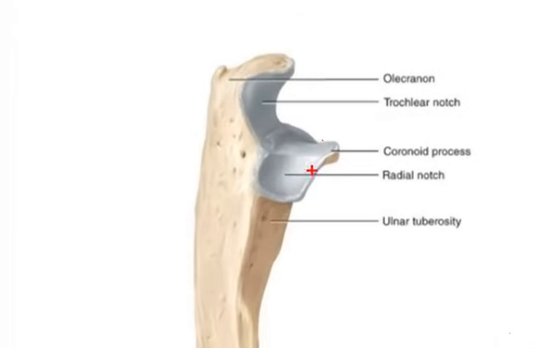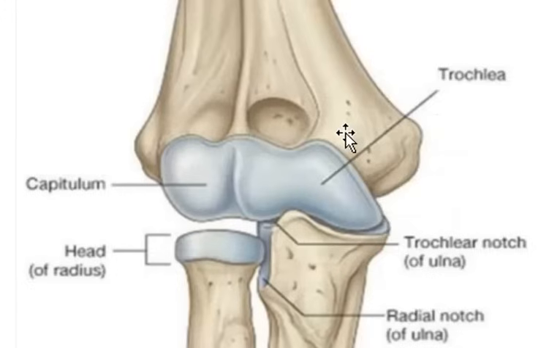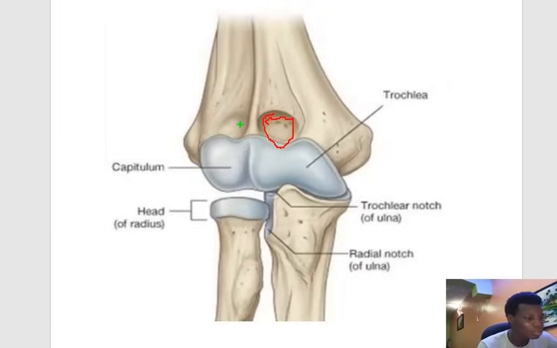This anterior projection right there is the coronoid process of the ulna, and during flexion it inserts into this groove right there. This groove is the coronoid fossa. Okay, and also lateral to the coronoid fossa we have the radial fossa, a very shallow fossa right there. And it accommodates the head of the radius during flexion as well.